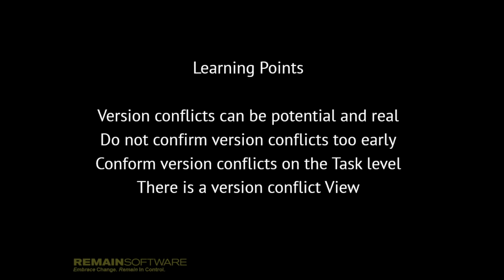And that is the only moment that you want to confirm the version conflict and take over the changes. So you don't want to confirm the version conflicts too early. Although there are situations, obviously, when that is wanted, but that is up to the discretion of the developer. But in normal situations, we would say only confirm red version conflicts and not blue version conflicts.